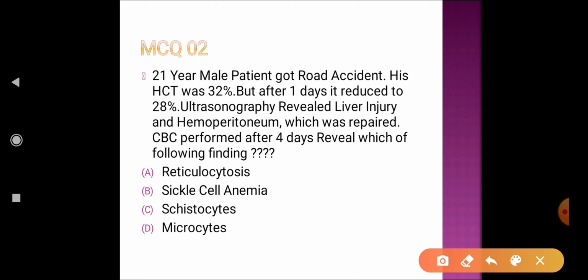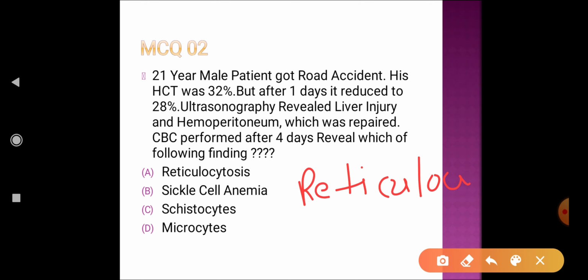Whenever you have blood loss, your compensatory mechanism gets activated and the bone marrow will produce more red blood cells because you have lost them. Whenever the bone marrow is doing more RBC production, premature red blood cells can be released into the blood, and those are the reticulocytes.